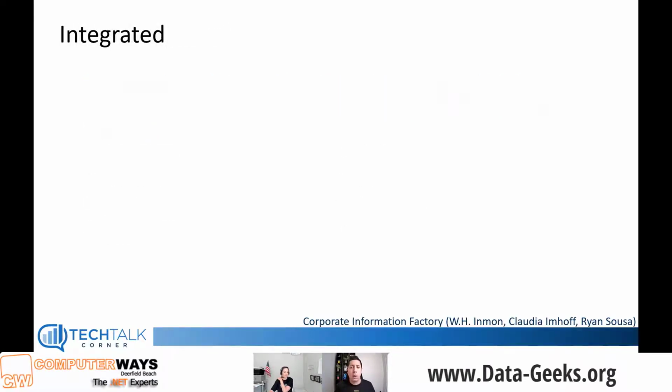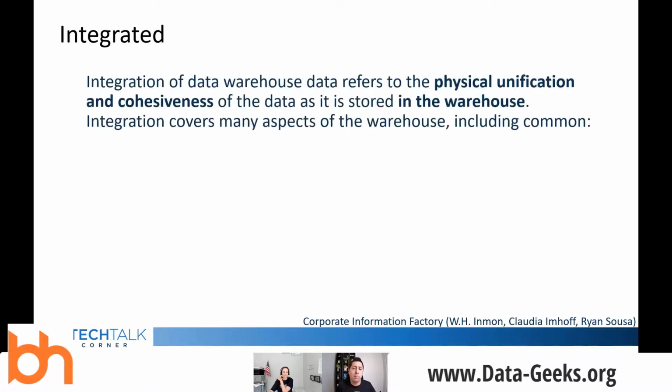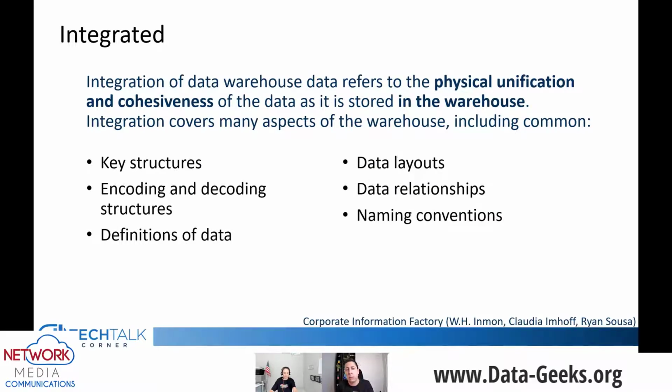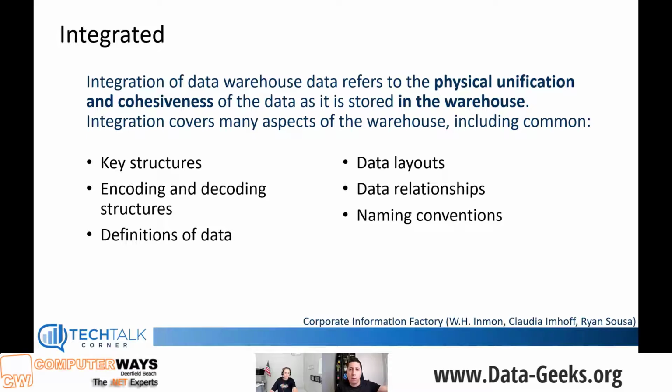The second one: your data warehouse needs to be integrated, and you're going to feel familiar with this, because it's pretty much the physical unification of all those data sources into a data warehouse. By putting all that information into the same environment, you want to make sure that you apply the key structures, naming conventions, relationships, and data modeling as well. And you'll see in a few slides, there are different types of data modeling approaches that you can follow, but you want to make sure that you apply those practices in that step.